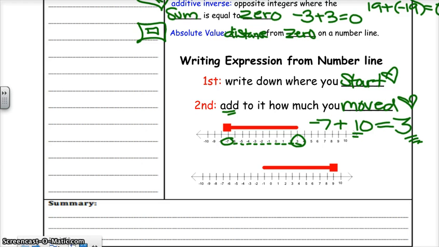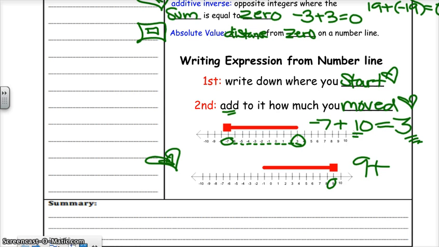All right, the next one. We have to look, where did we start? That's the big box. Where is this example starting from? Brennan? 9. So I started at 9. I started right here. And now I'm going to add to it how much I am moving.